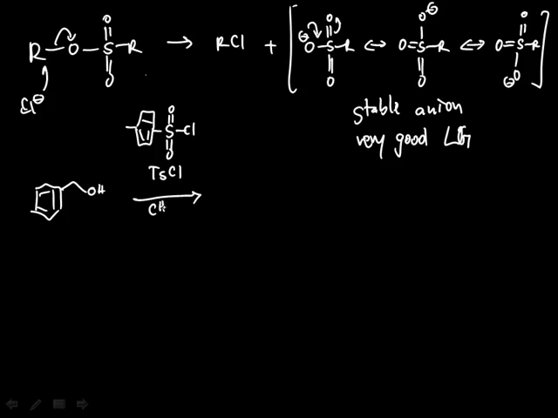This is typically done in methylene chloride as a solvent in the presence of either triethylamine or some pyridine. And this is simply a base which is used to scavenge the HCl, which is the side product. And so we'll get this benzyl tosylate.